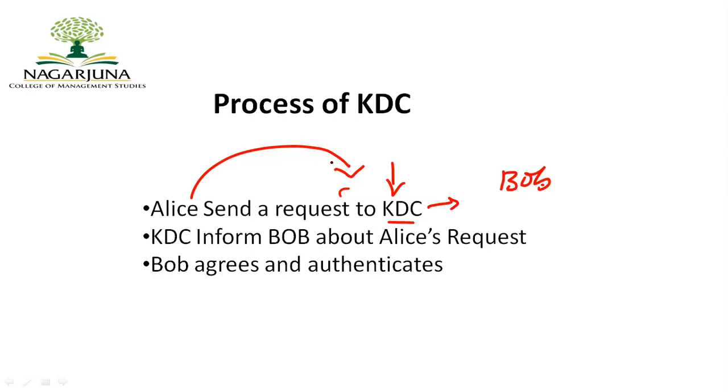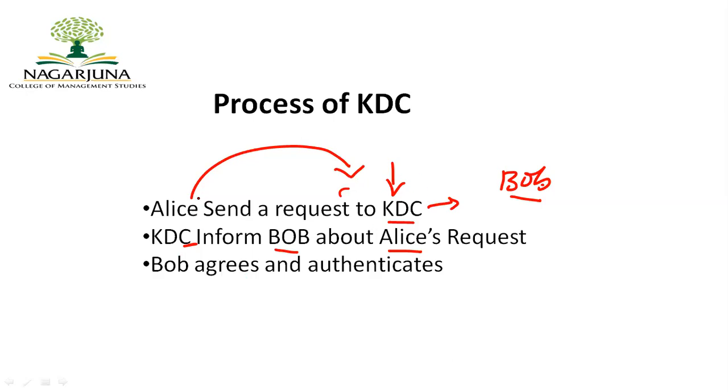Now the second part is that the KDC informs Bob about Alice's request. Alice has made a request to the KDC by sharing the secret key and authenticating herself, saying that she wants to send some message to Bob. Now the KDC communicates with Bob that there is a request from Alice. Bob agrees and authenticates, then sends his secret key to the KDC.